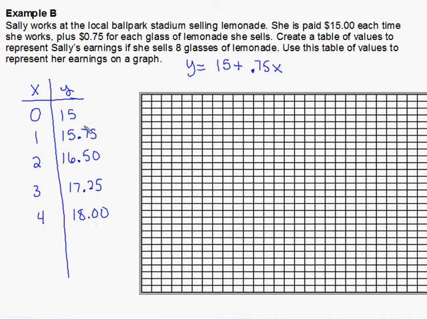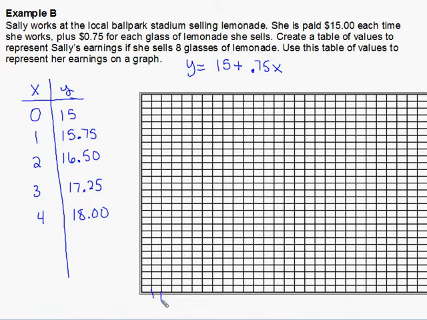So we're going to go ahead and graph because we have more than enough points to graph it. Our independent variable is the number of glasses of lemonade that she sells. She really has no control over that, right? People are going to either come buy the lemonade or they're not. So that's our X value.